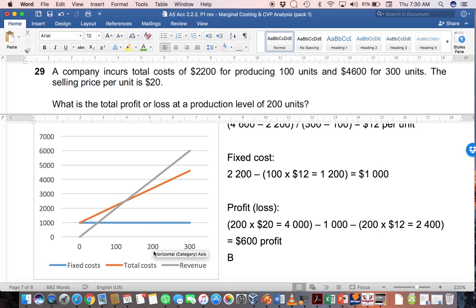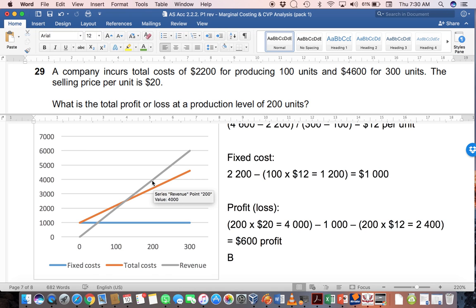Once you've got that information, you're then able to work out what the profit or loss would be at this point of 200. Obviously, if you've drawn the graph, you could just read off the difference over here, which you can see is approximately 600, but it certainly is more accurate to do the calculation, because otherwise you might read it as 500 and you would be a little bit wrong.